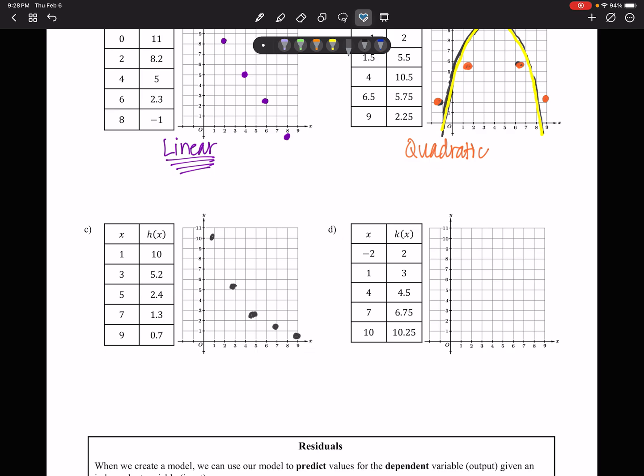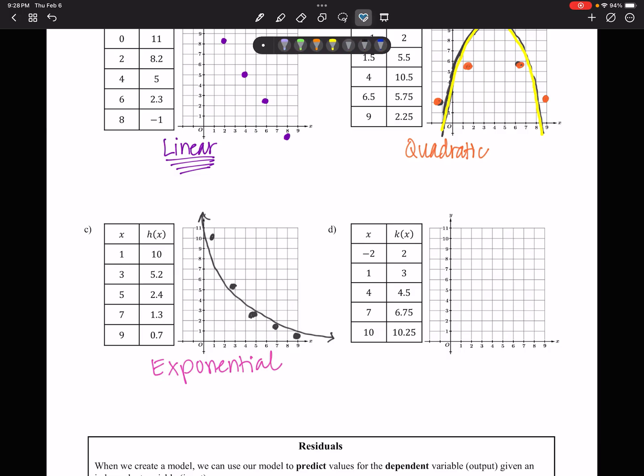This right here is most definitely modeling what? Yeah, this is most definitely modeling exponential decay. So we're going to call that exponential. Just exponential. You don't have to state whether it's growth or decay, but it's good to have that idea.